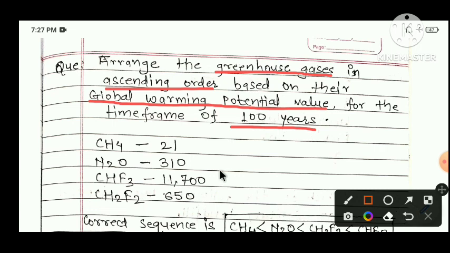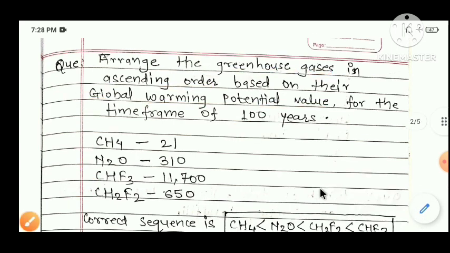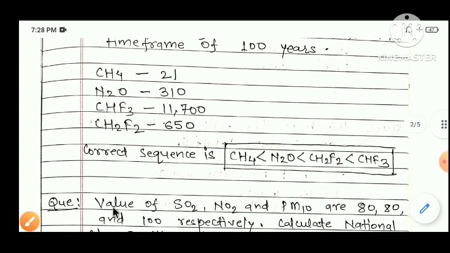If we put in the values, methane has the value of 21, N2O has 310, CHF3 has 11,700 global warming potential value, and CH2F2 has 650. So by arranging these gases in ascending order, we get the correct sequence.